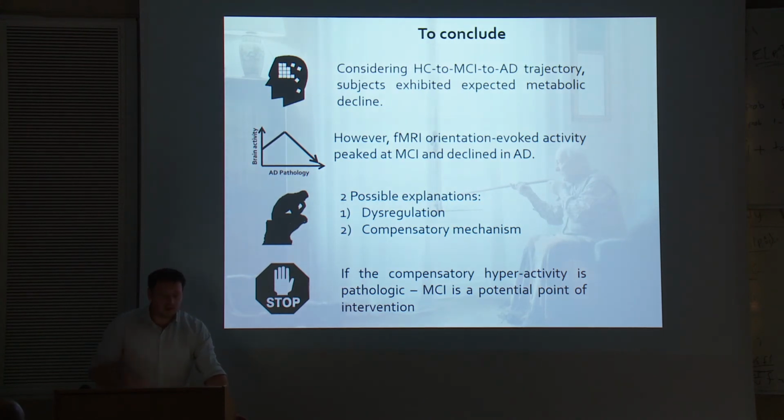There are several possible explanations. One could be a dysregulation in the system. The brain regions are known to regulate each other, so some damage could affect regulation and result in hyperactivation. An alternative explanation would be some sort of compensation.